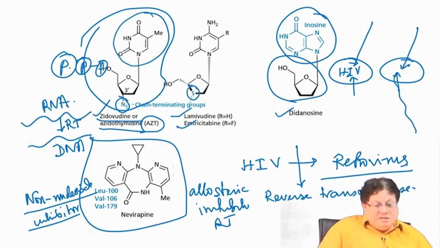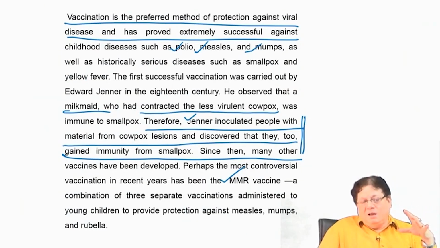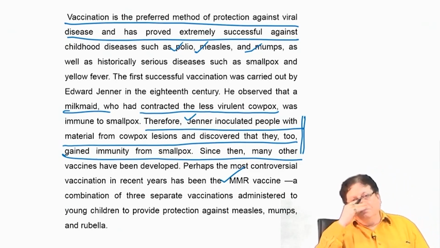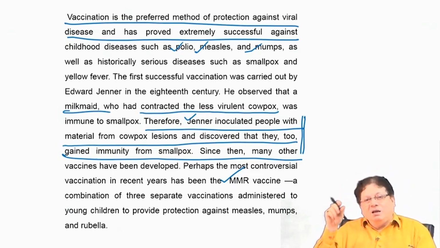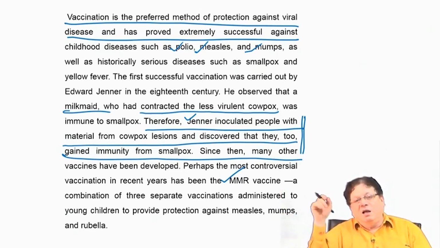Now, yes, there is again scope for making new antiviral agents for HIV, because remember HIV is a retrovirus. So, retrovirus, what does it do? It has got a reverse transcriptase which is not present in the host, and I told you that the RNA has to be copied into DNA and the DNA has to be integrated into the host DNA.